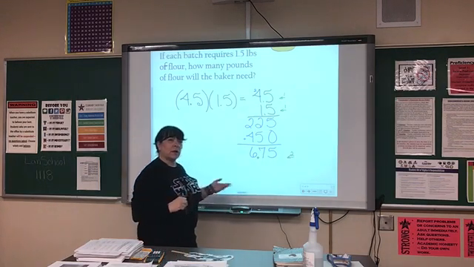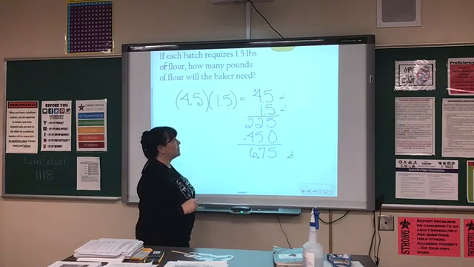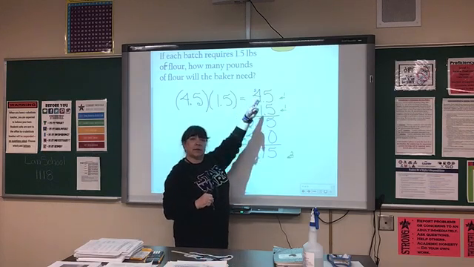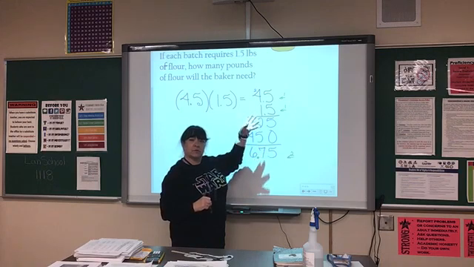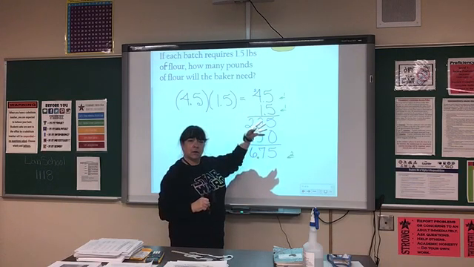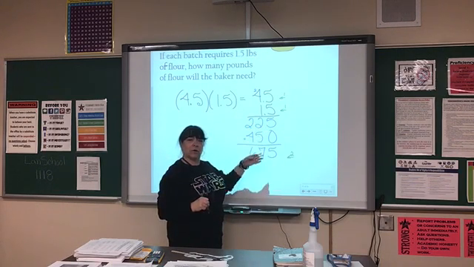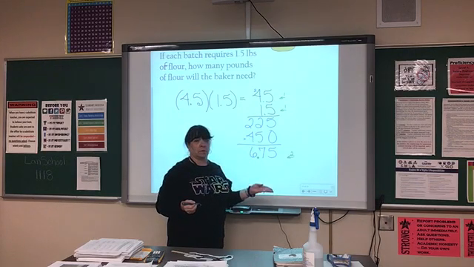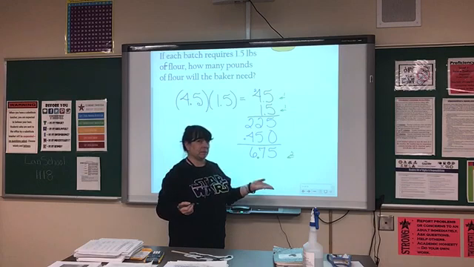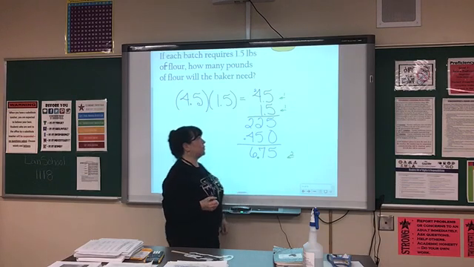Or do I look at it and say, you know what? I'm multiplying a little more than 4 by a little more than 1. 4 times 1 is 4. I should have just a little more than 4. And hey, 6 is a little more than 4. Easy peasy. Way to double check what you're doing.